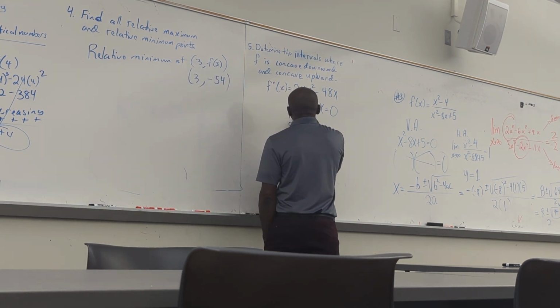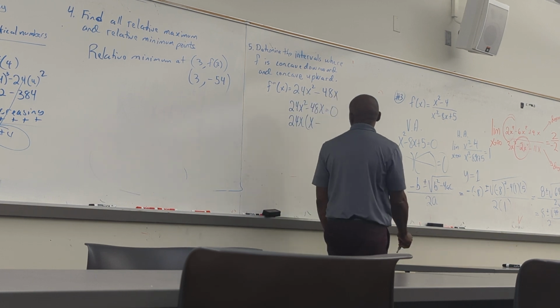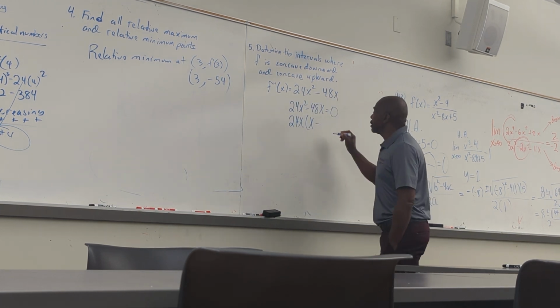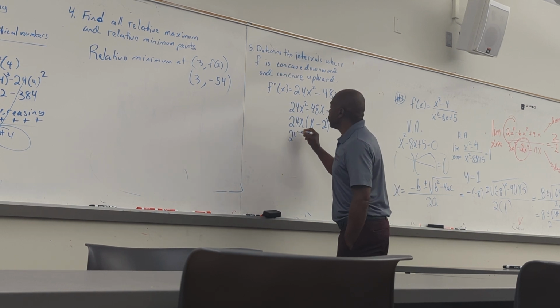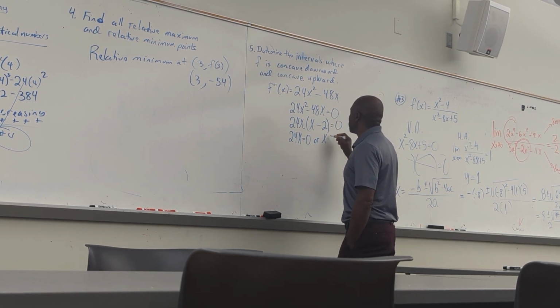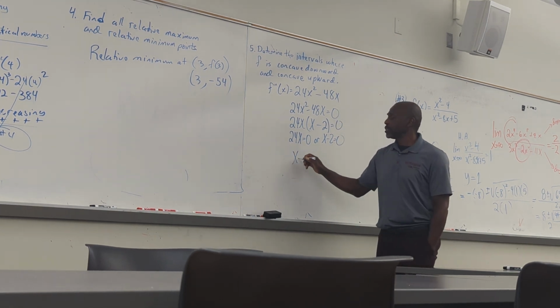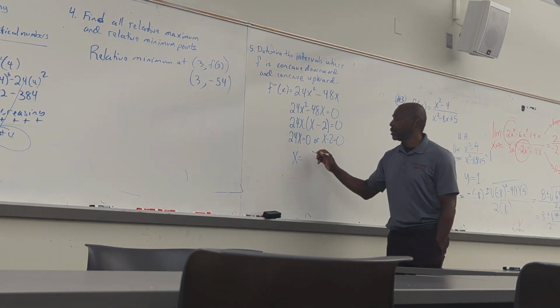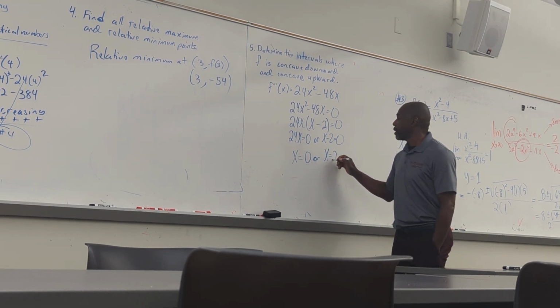So that's 24x times (x minus 2). So now that means 24x is 0 or x minus 2 is equal to 0. So x is equal to 0, or x is equal to 2.